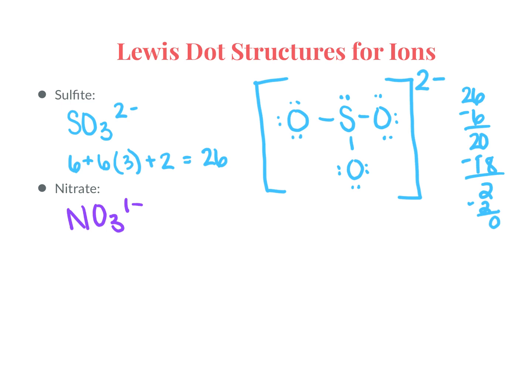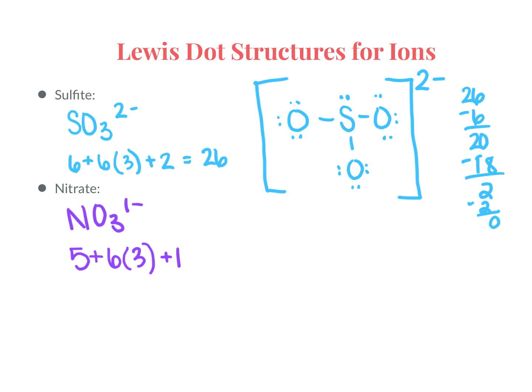How many valence electrons are in nitrogen? 5. And how about oxygen? 6. And how many oxygens are there? 3. And then the new part is the charge. What does this -1 mean? Add 1 more. It gained an extra electron, so you're going to add 1 to your count.